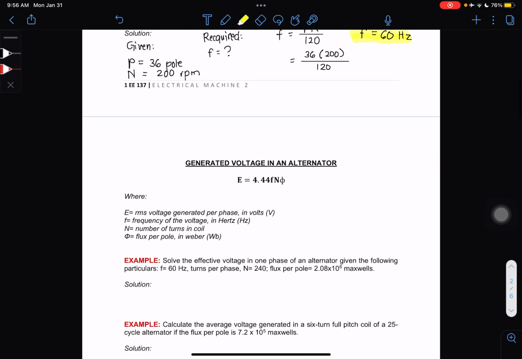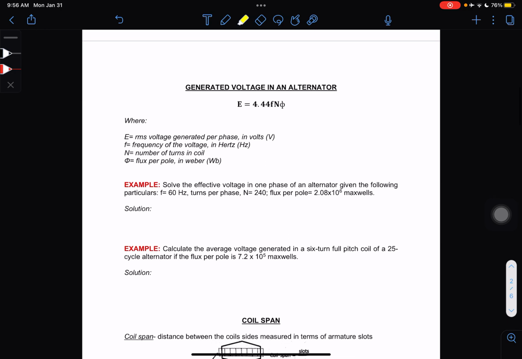So let's proceed to generated voltage in an alternator. So we also have a formula for generated voltage. E is equal to 4.44 multiplied by F, N, and angle phi, or flux per pole.